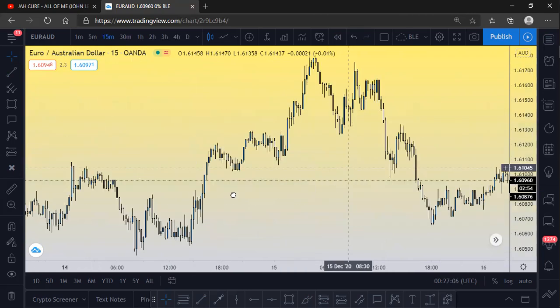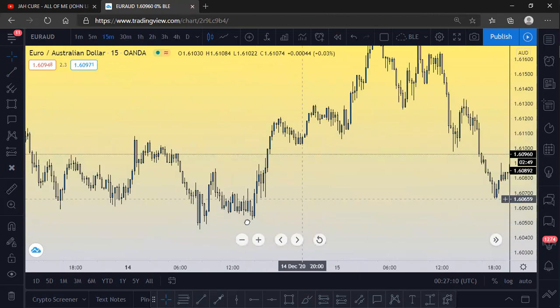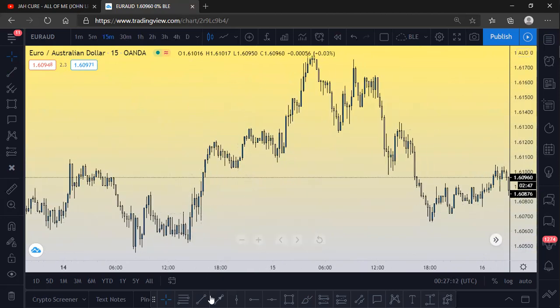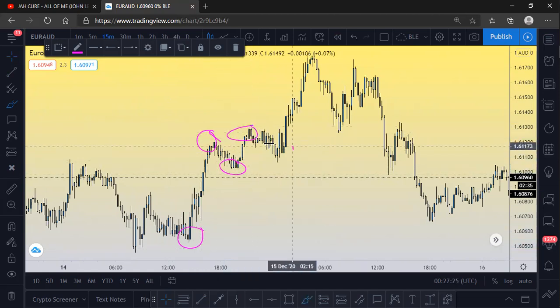So now let's look at structure. Let's just play off this information we have here. We can see how price was, what? We have the high, we have the low, higher low, higher high, higher low.